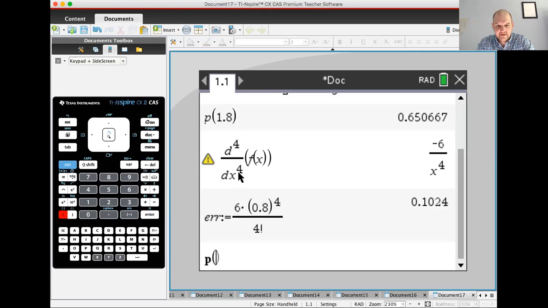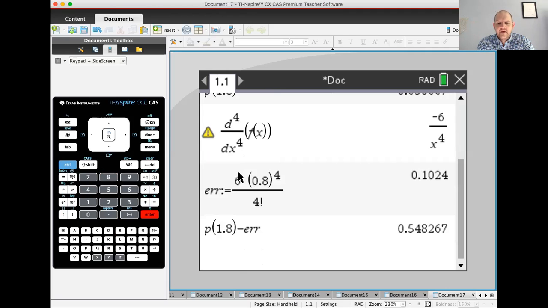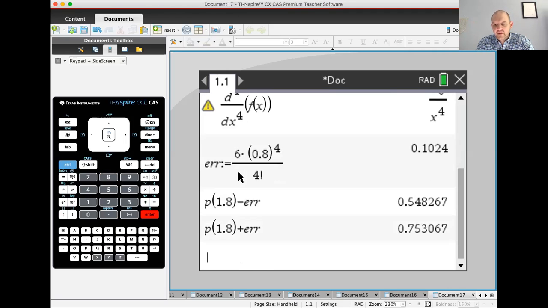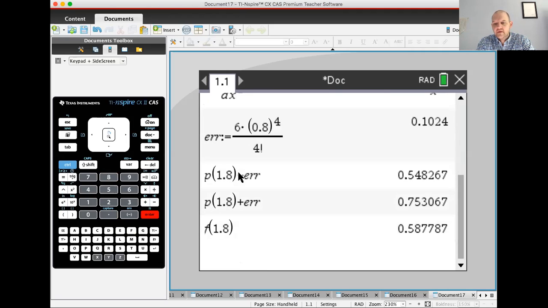So if we do P of 1.8 minus the error, we do P of 1.8 plus the error. So we think it's going to be between 0.548 and 0.753, let's say. Let's see what it is. 0.5, so yeah, it's right in there.